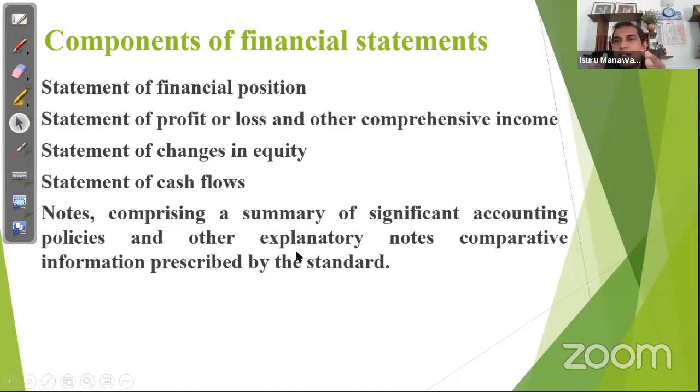We cannot show everything on the face of the statement of financial position as well as profit and loss and other comprehensive income. If we believe that more information is required by the stakeholders of the business, we can provide that additional information in the notes to the financial statements, right? You know the objective of financial statements is to provide information to the stakeholders. That's our objective, right?